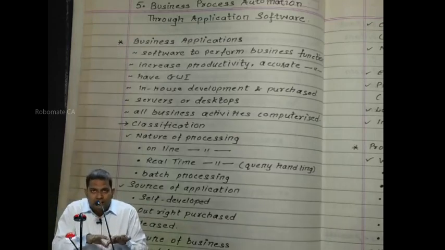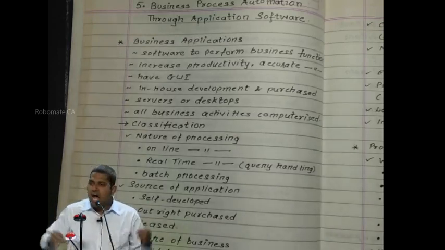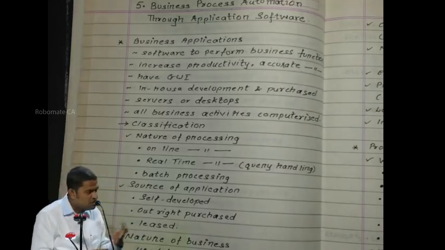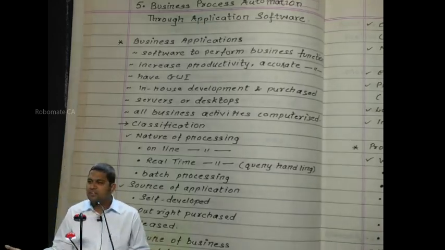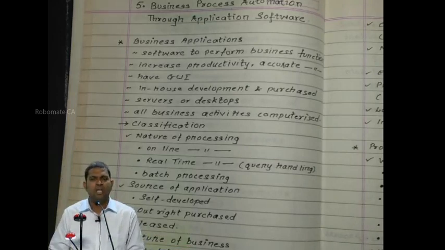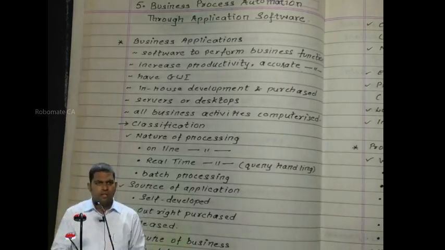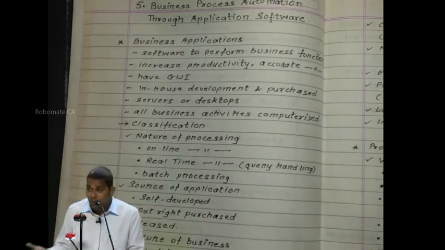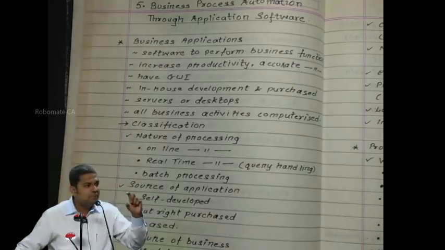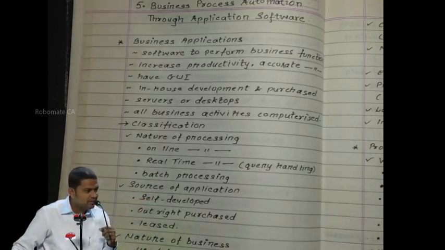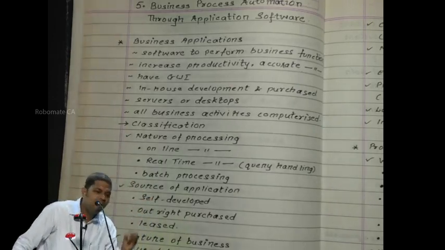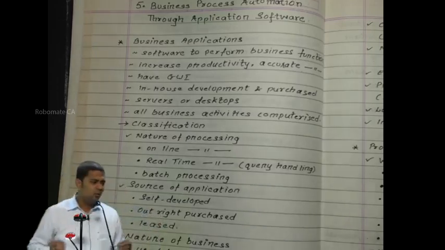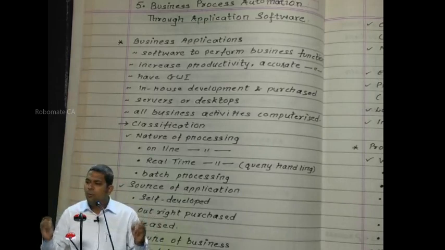Now, when all these business functions are undertaken with the help of some technology or software, then it is called a business application. When technology was not present, we were doing all these things with the help of human beings. And we were able to do that because the quantum of business was less. Just imagine a sole trading concern, a small business, a one-man show, one owner, one manager, one controller.